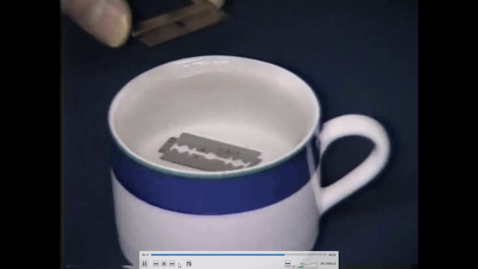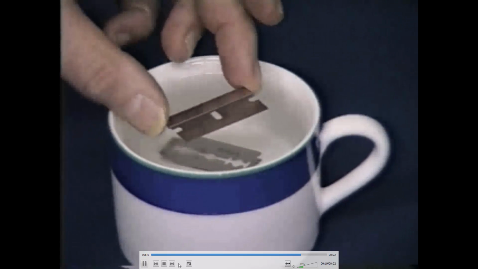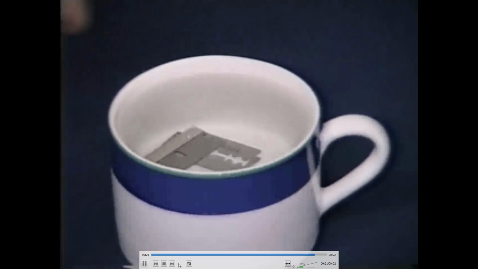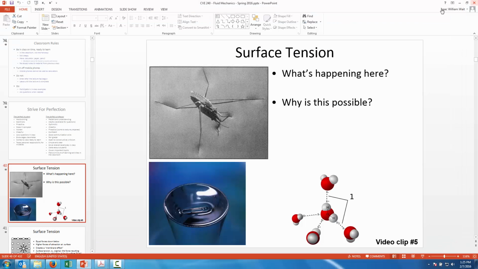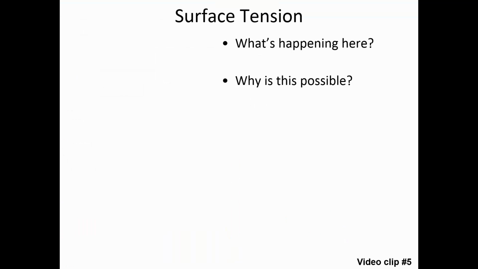All right, so what's happening, we saw steel on top of water. And it's not because of the density. Actually, steel has a much higher density than water, and so if we're just looking at the densities, it shouldn't float on top. But it is possible because of the attraction water has to itself.